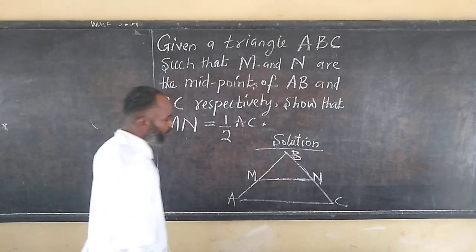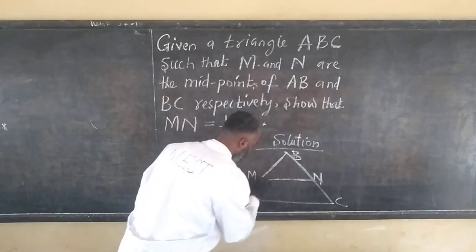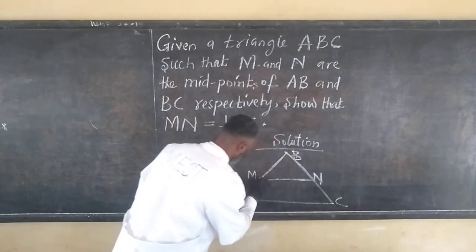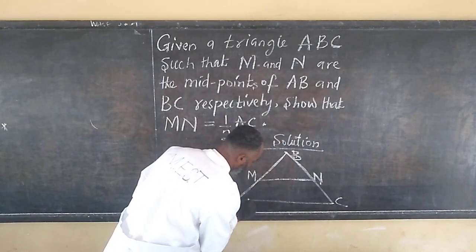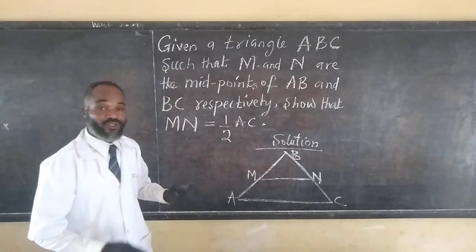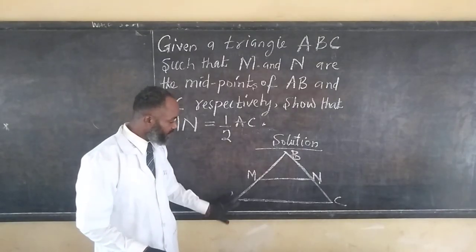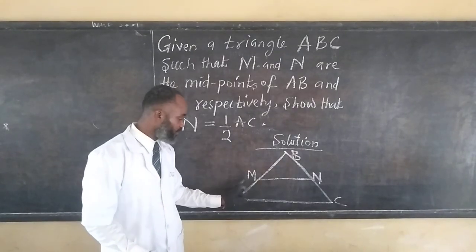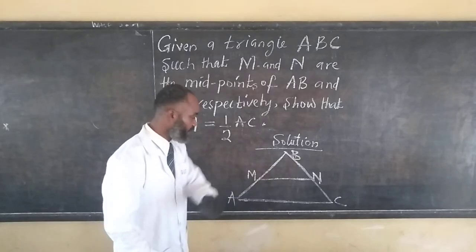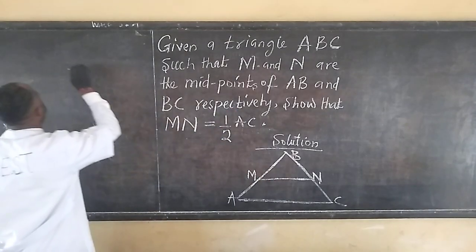All right, now we have drawn the triangle and outlined the midpoints. The next thing to do is to begin to define every parameter of the triangle using the midpoints.